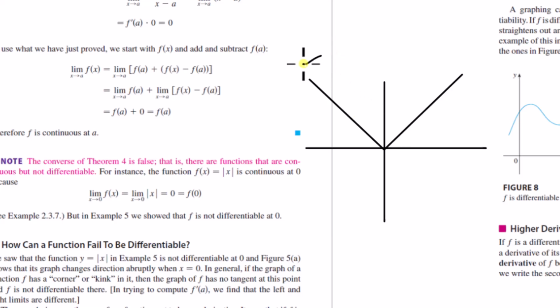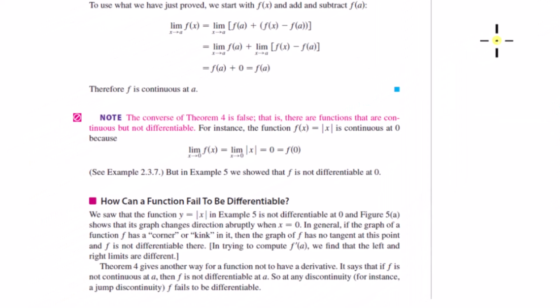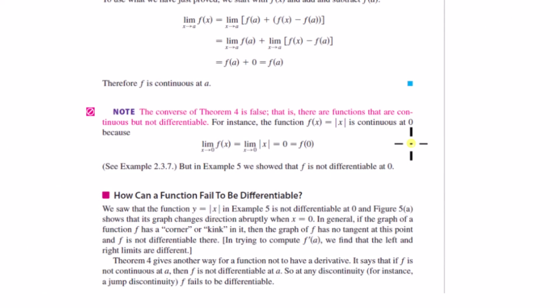Or a function like this is continuous here, but it's not differentiable. So it's only the case that if a function is differentiable at a point, then it must be continuous at that point. Okay, so how can a function fail to be differentiable?